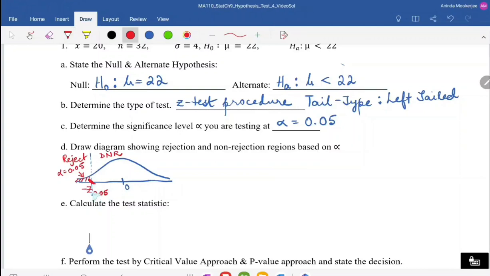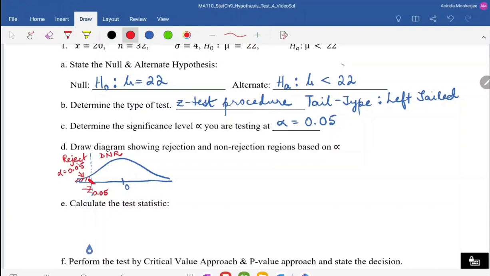That value will be negative z of 0.05. It's going to be a z value because we are using the z test procedure, and the alpha value associated with that z is 0.05, which comes from the significance level. Because it's located to the left of 0, it's going to be a negative z value.